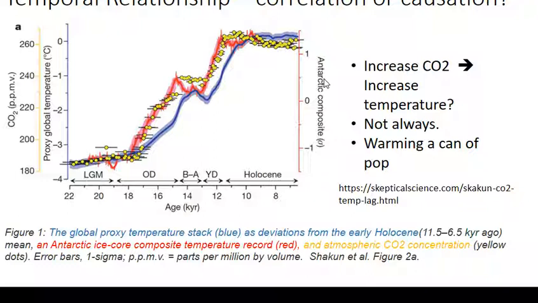So in this case, you've got temperature in blue and temperature also in red. It's just different ways to get at the temperature. And in yellow, you'll see estimates of global carbon dioxide. Now, you also see around those estimates a little kind of wing.